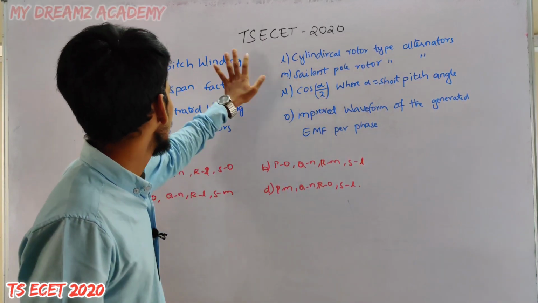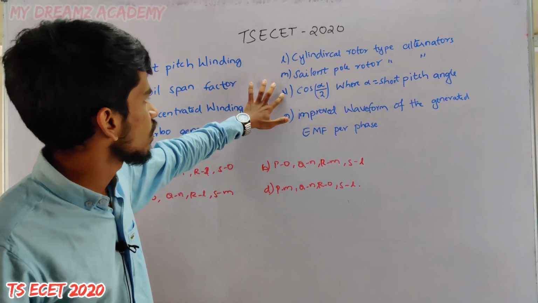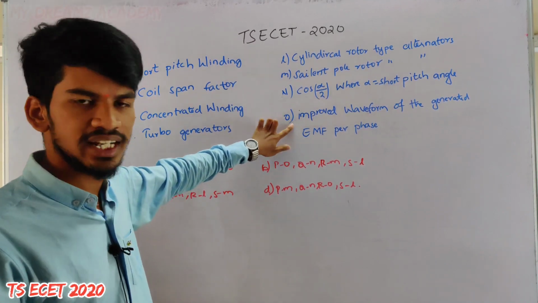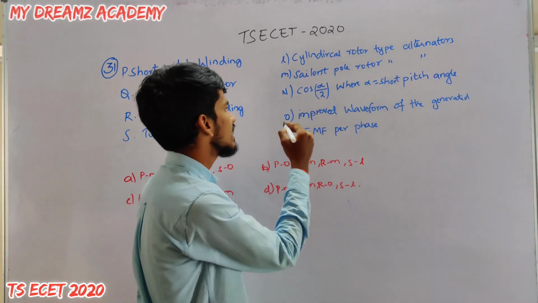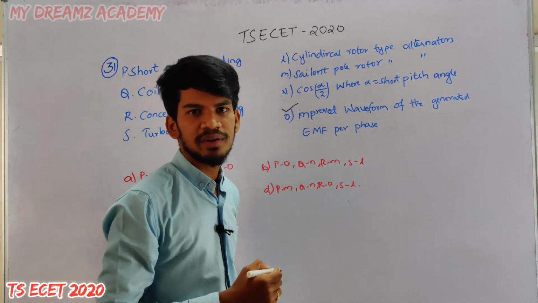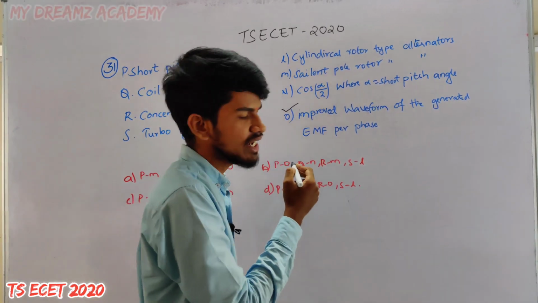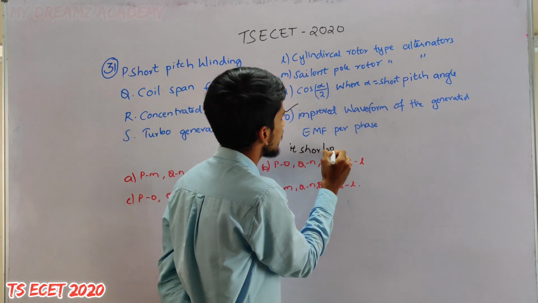So you need to verify in this short pitch winding, the first, second and third are not much related to short pitch winding. So the last one is only related to short pitch winding. When we discuss this, it is the advantage of short pitch winding, and another advantage is it shortens the windings.